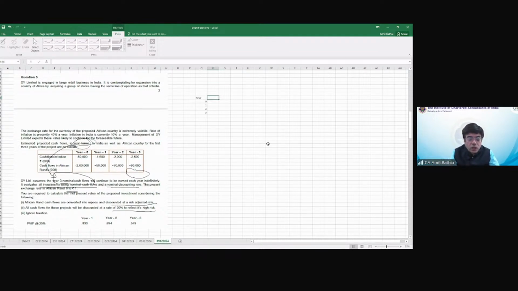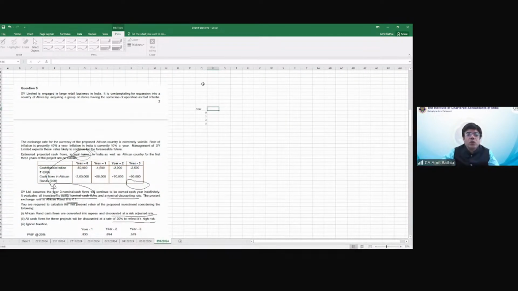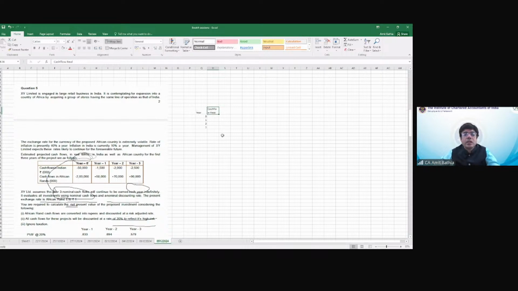So first of all, I am going to break the problem into multiple parts. So say, for example, I'm going to say over here, I want cash flow. This is my real cash flow, right? Let me grab text.